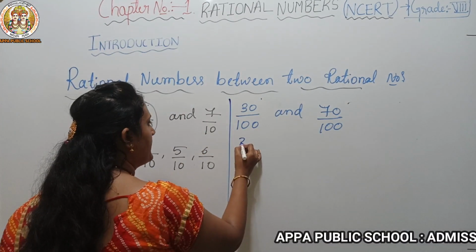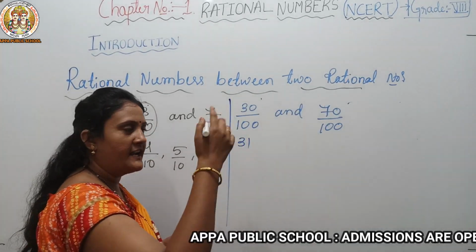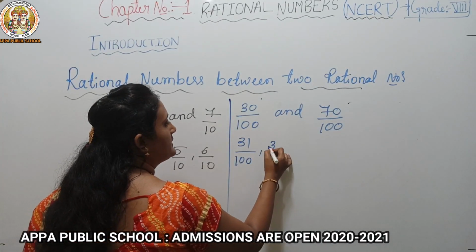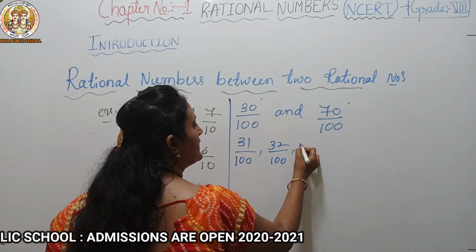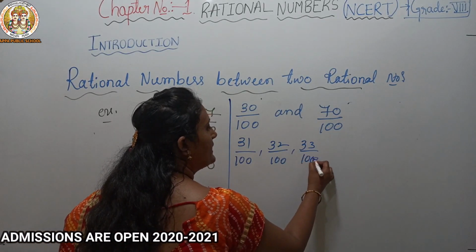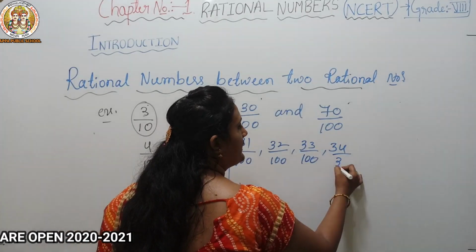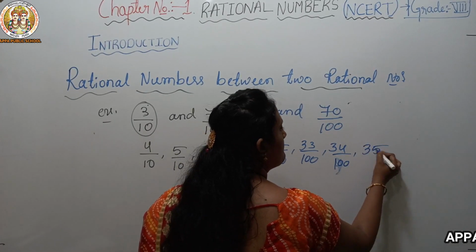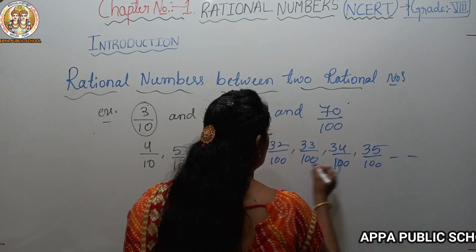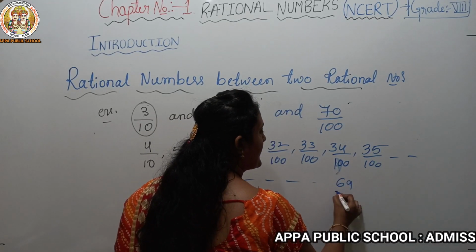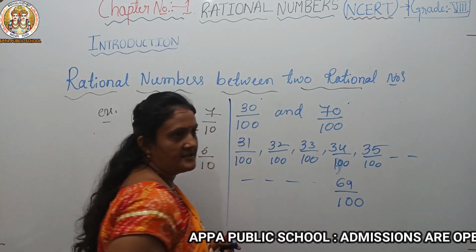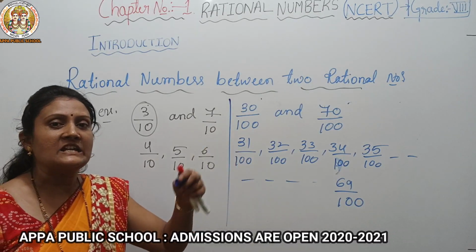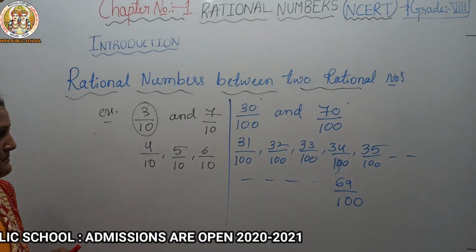So here we can get several numbers, infinitely many rational numbers. 31 by 100, 32 by 100, 33 by 100, 34 by 100, 35 by 100, up to 69 by 100. So we can get infinitely many rational numbers between our two rational numbers.